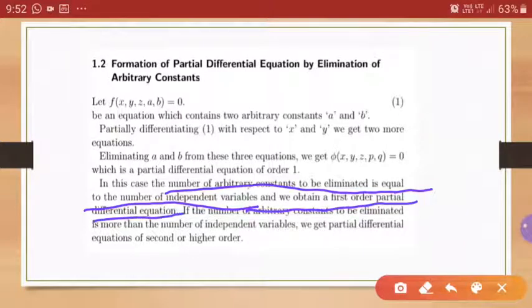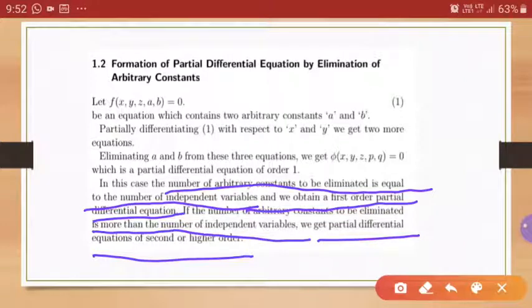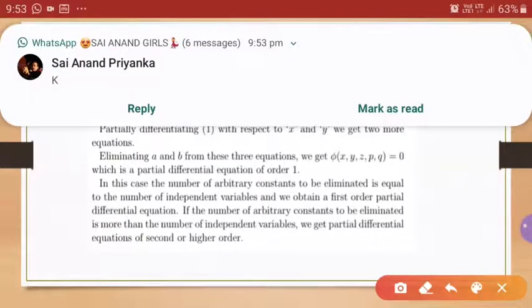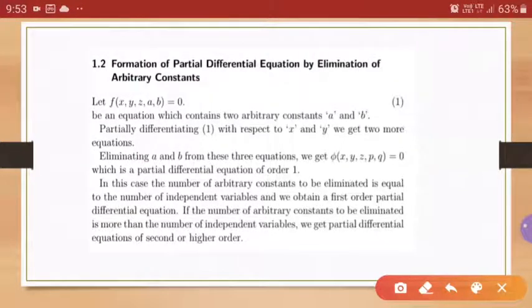If the number of arbitrary constants to be eliminated is more than the number of independent variables, then we get a partial differential equation of higher order, meaning order greater than 1. So remember this point.